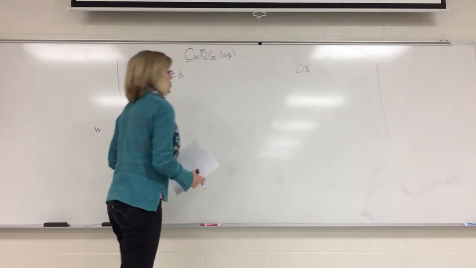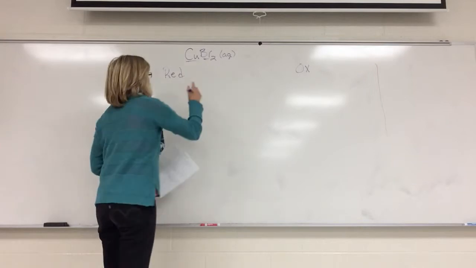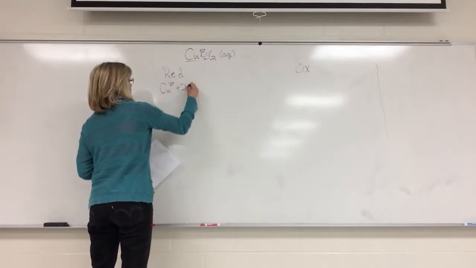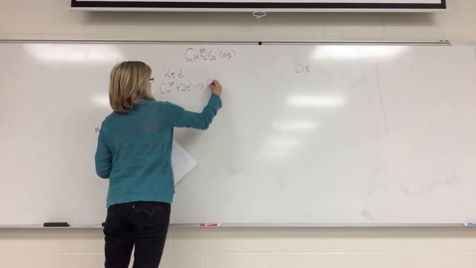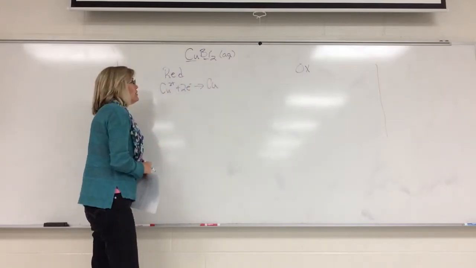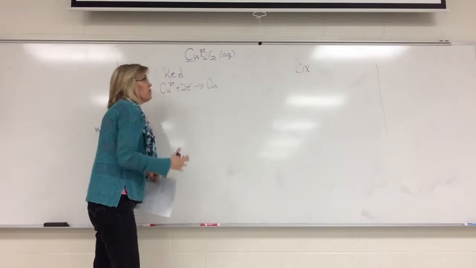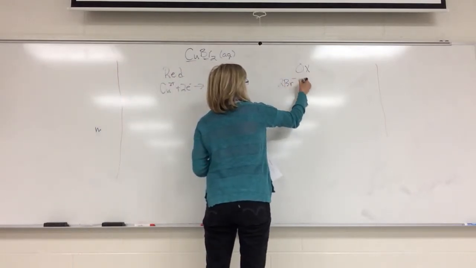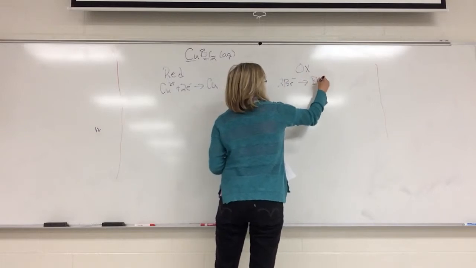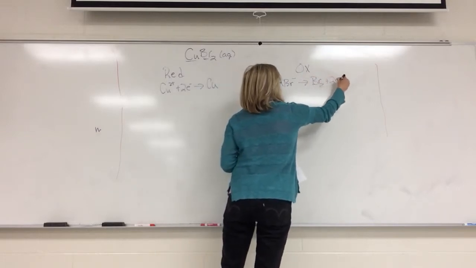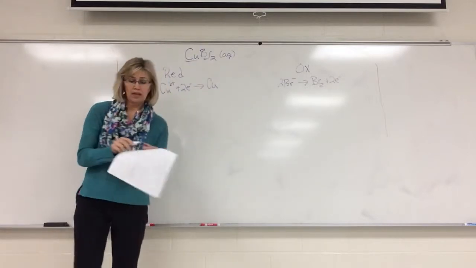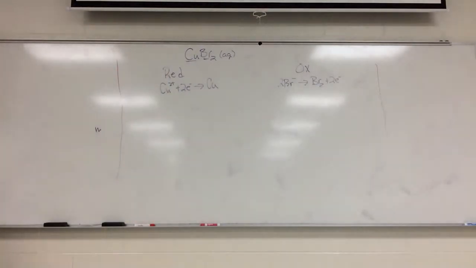okay, what we're going to have in an electrolytic cell is this copper 2 plus 2 electrons going to copper, all right? And then what's going to be oxidized then is the bromine going to elemental bromine, all right? So that is what's going to happen in an electrolytic cell.